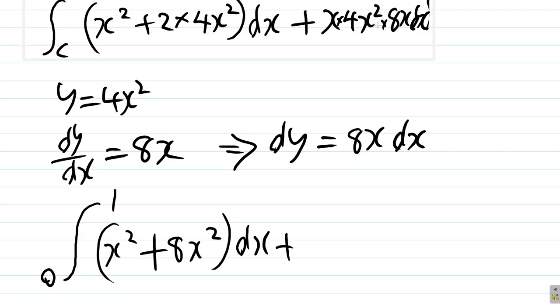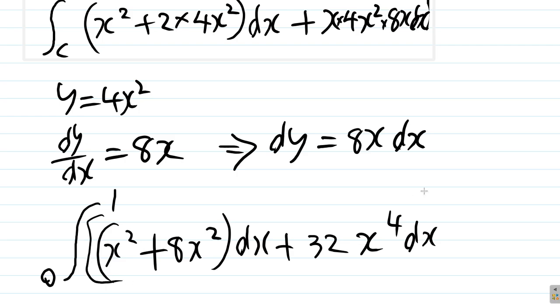plus x squared times x, which is x to the 3, times x again, which is x to the 4th. So we have 8 times 4, which is 32, so it's 32x to the power of 4 dx.